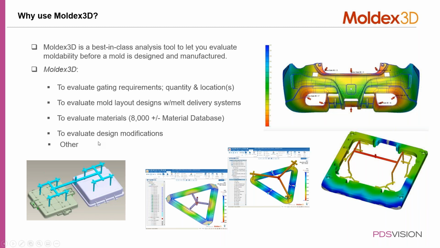As you're going through the design process, you can use Moldex 3D to identify potential problems, but then not only that, go through the process again to evaluate, update your model and evaluate it to make sure that it's going to give you the most robust part design and processing and manufacturability before you've spent any money on cutting any steel.